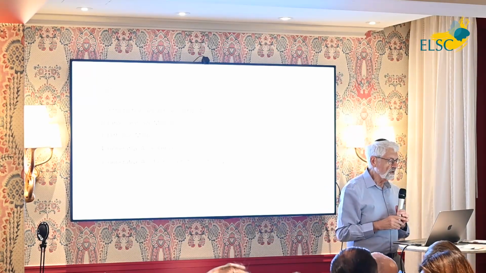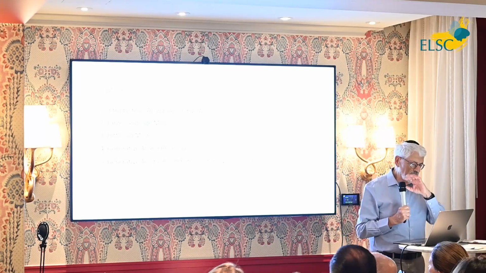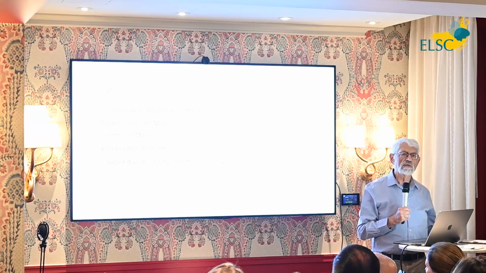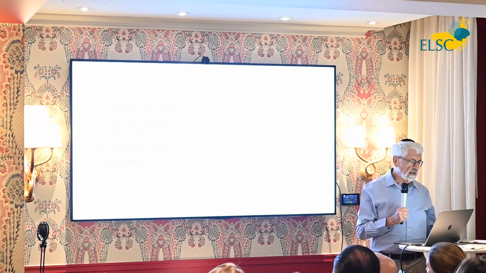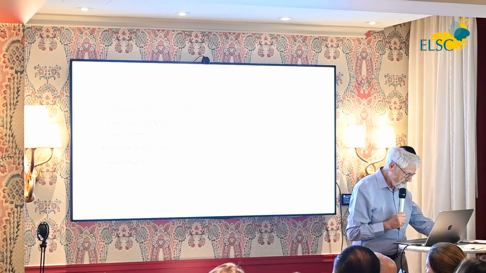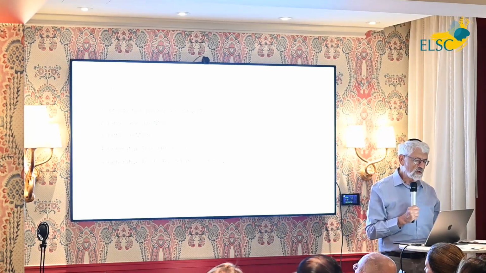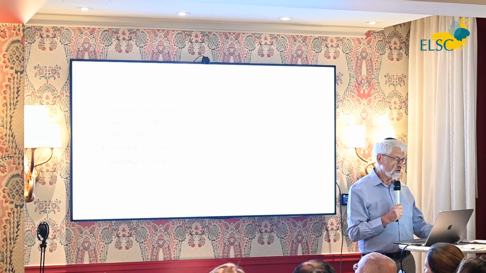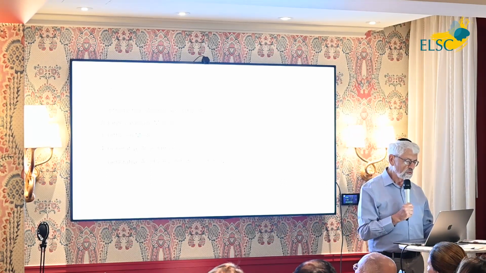All right, so this is the outline of my talk. I'm going to give you an introduction about AI, and specifically about generative AI. And then I'll talk about two main types of generative AI systems: large language models, LLMs, and then diffusion models.